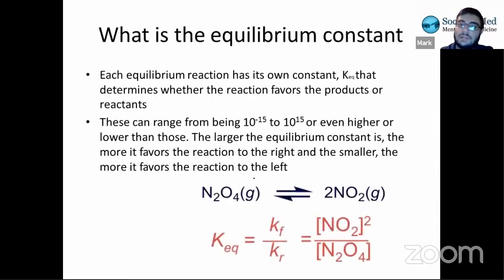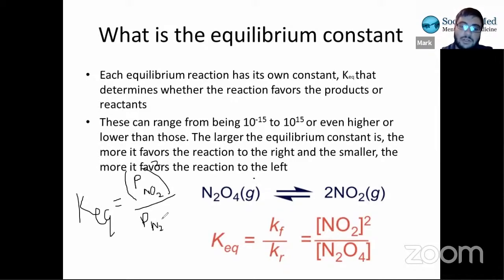Here, we did KEQ is equal to the concentration of NO2 squared over N2O4. KEQ also equals the partial pressure of NO2, assuming these are all gases, which in this case they are, squared over the partial pressure of N2O4.